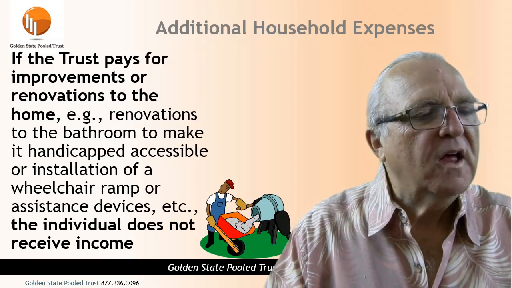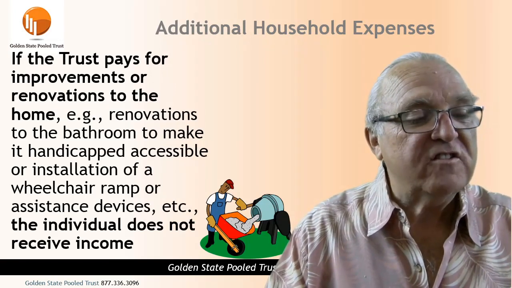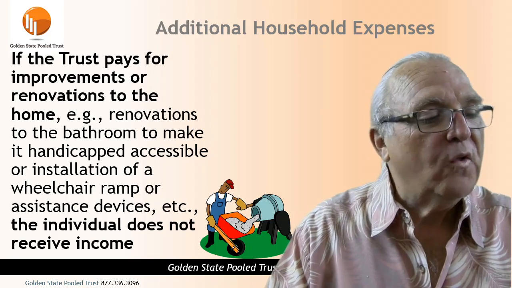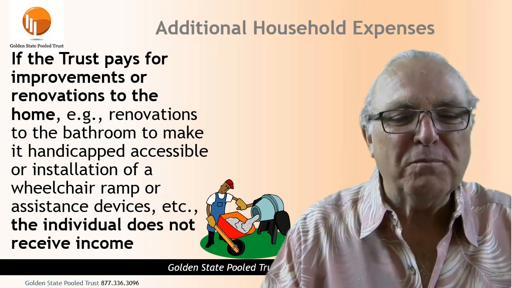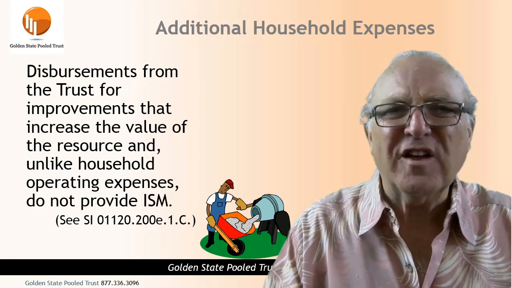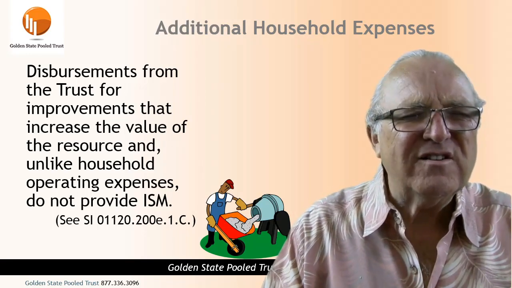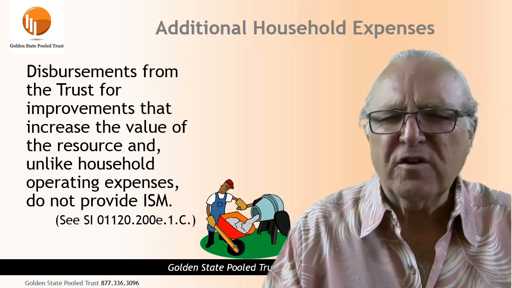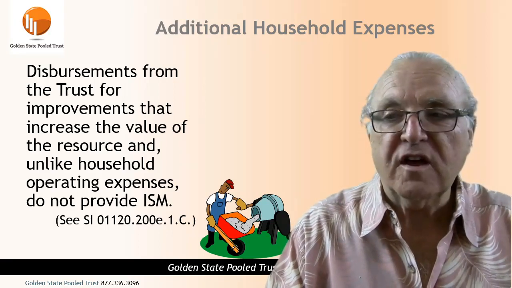If the trust pays for improvements or renovations to the home, that's not considered income. So once again, paying for improvements to the home, internet, landscaping and that kind of thing, there's no reduction, just those 10 items.